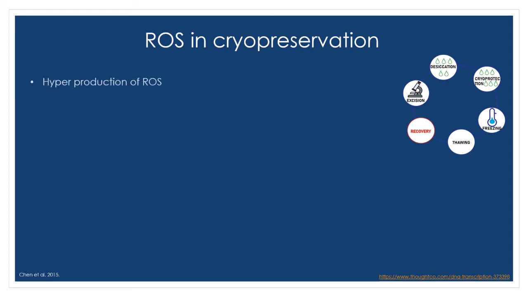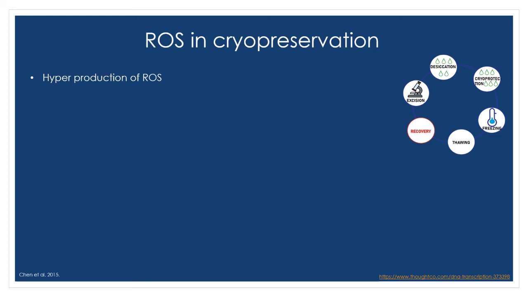So cryopreservation induces production of reactive oxygen species, and this hyperproduction of reactive oxygen species happens during the whole process of cryopreservation. So at every step of cryopreservation: excision, desiccation, cryoprotection, freezing, thawing, and recovery.